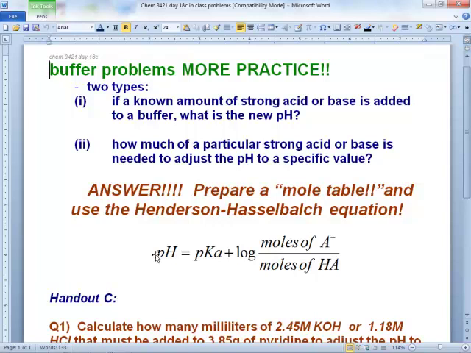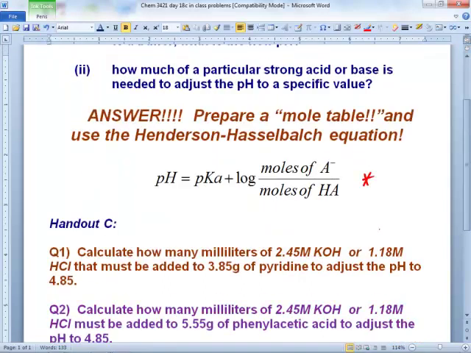Again, mole tables. And we're going to use our revised version of the Henderson-Hasselbalch equation, right? The mole table is the same thing as ICE, right? Exact same thing as ICE, except we don't use concentrations. We want moles in there. That's a strong point. We don't want concentrations in there. We want moles. Okay. Here's the first one.